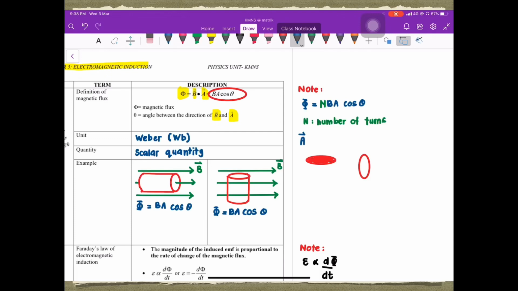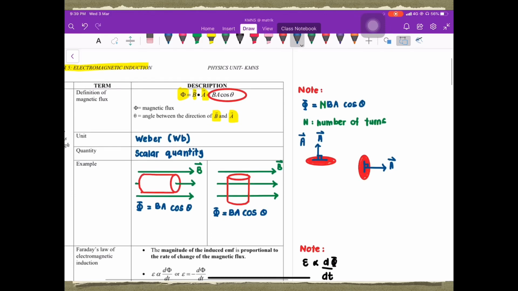Vector A must be 90 degrees to the surface. What about the second surface, a vertical plane? For the vertical plane, vector A must also be 90 degrees to the surface. So this is vector A.